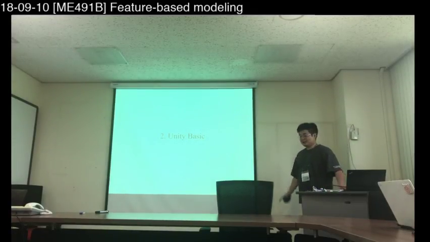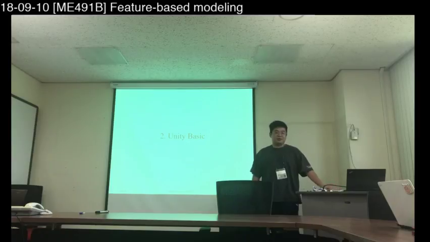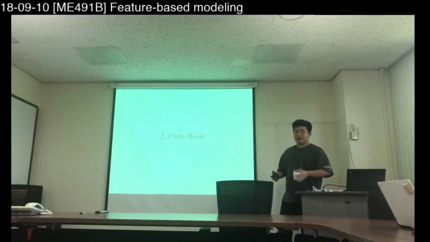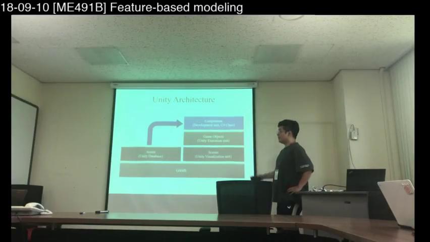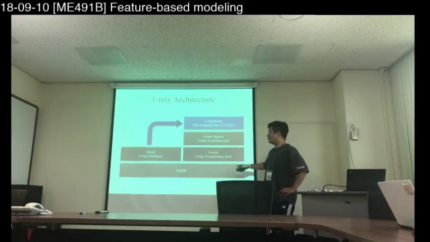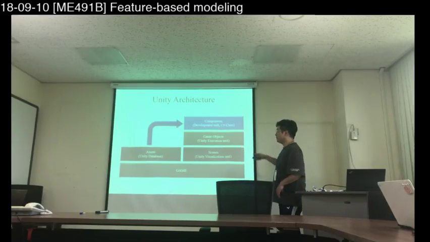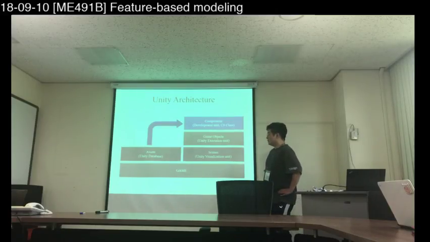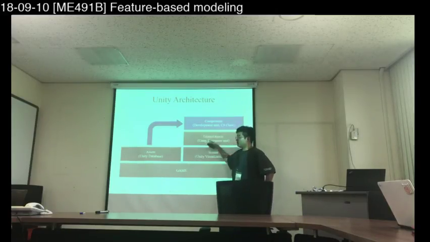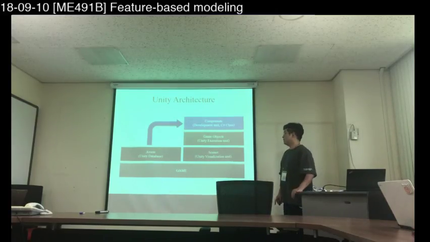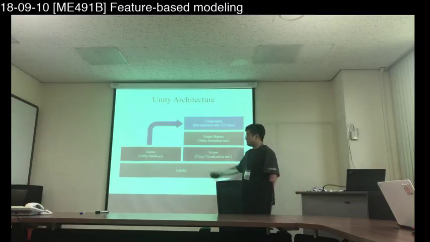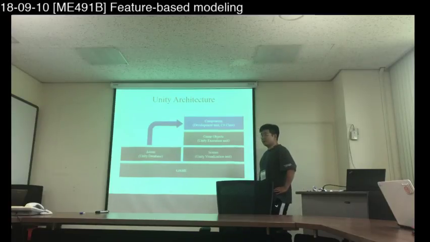And this is the second content. Unity is basically a very complex engine, but today you just need to know this diagram, a very compressed and simplified diagram of the Unity engine. There are four important sub-components. The first one is asset. Asset is a kind of database which Unity can read.